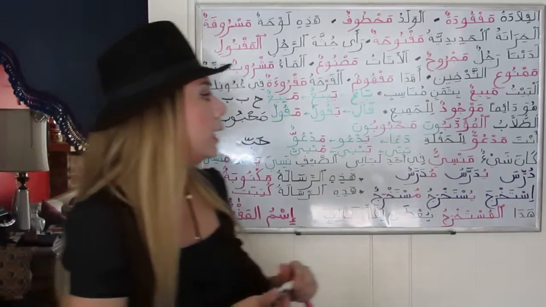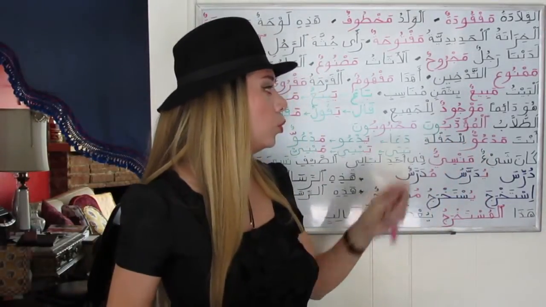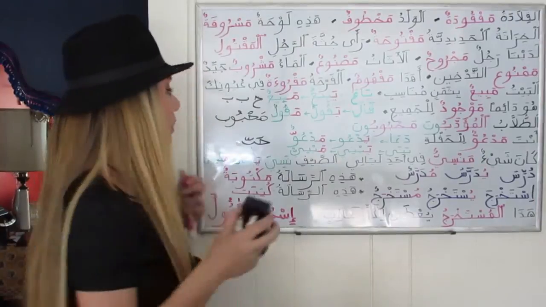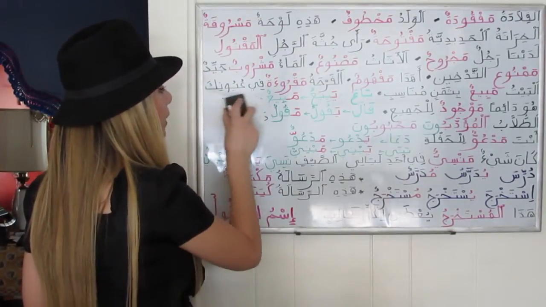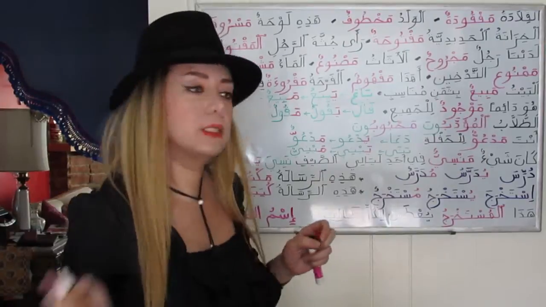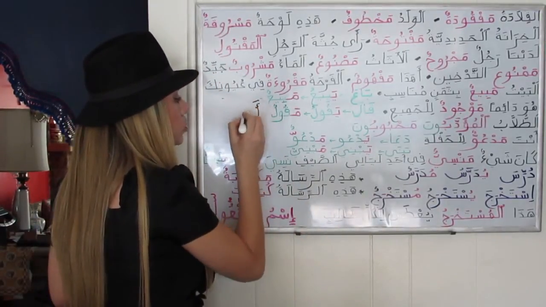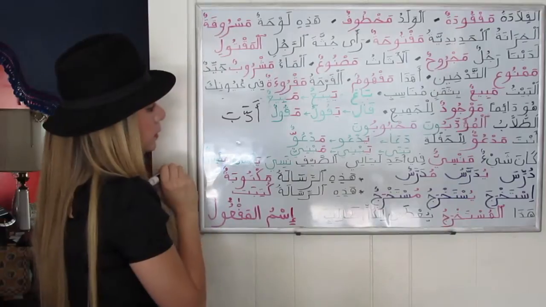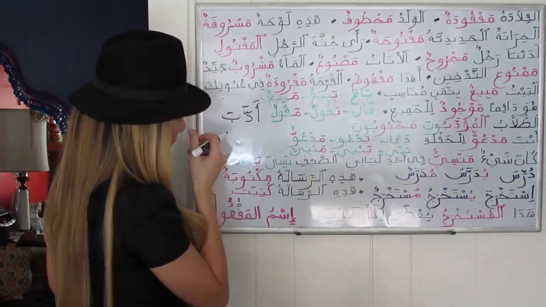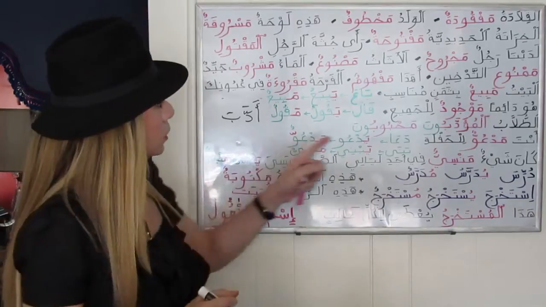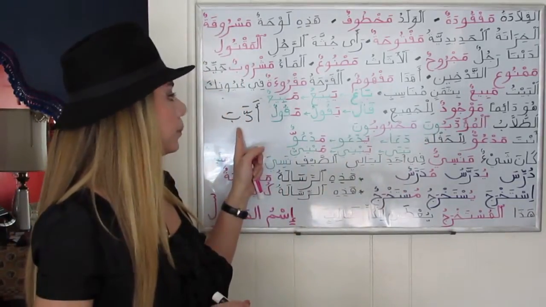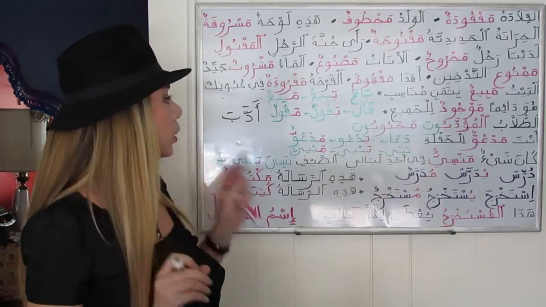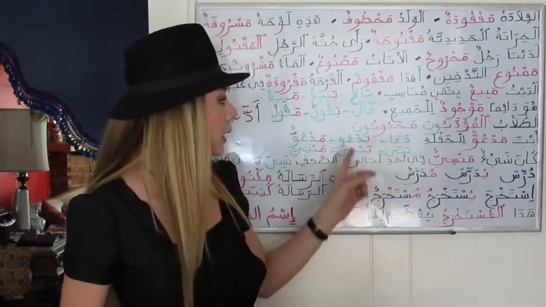Alright? الطلاب المؤدبون محبوبون. مؤدب, it means educated. مؤدب is the passive participle of أدب. أدب, to educate. So مؤدب is the passive participle of أدب. So الطلاب المؤدبون, the educated students, are loved, محبوبون.